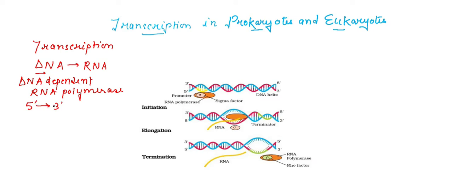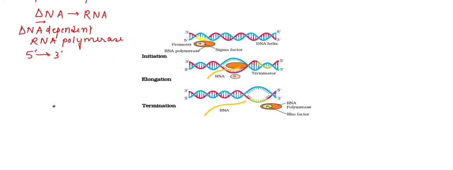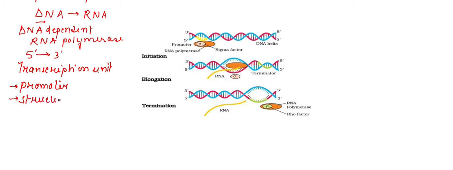Here the process requires a unit which is called a transcription unit, and it consists of the promoter, structural gene and terminator.